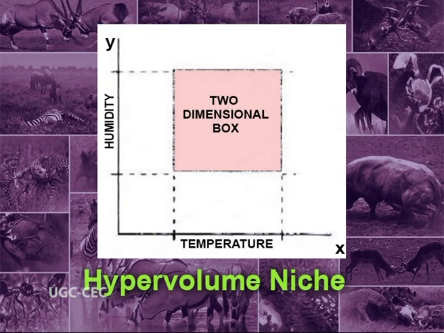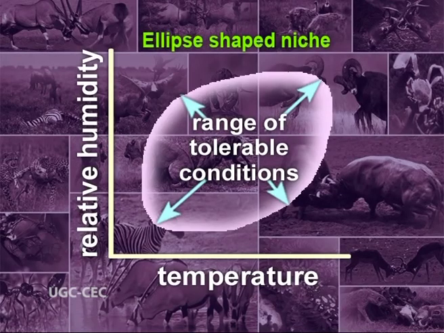If the effects of two variables, that is temperature and humidity, are independent, the space would be a two-dimensional box. As temperature and relative humidity are not independent in their biological effects, under such a condition of interacting variables, the niche would be an ellipse in shape instead of a box-like structure.